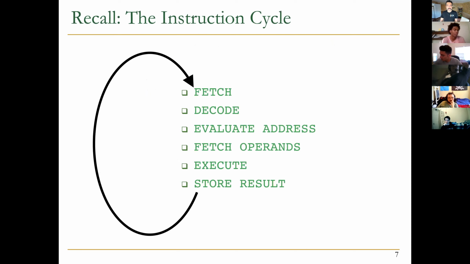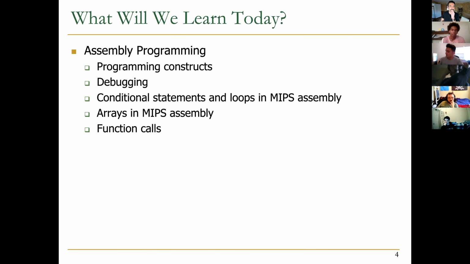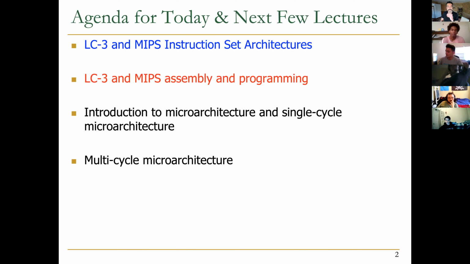But we will talk about single-cycle microarchitecture, multi-cycle microarchitecture, and some advanced stuff: when you want to implement a particular ISA, instruction set architecture, how you need to think about it and what's going on below the ISA level.